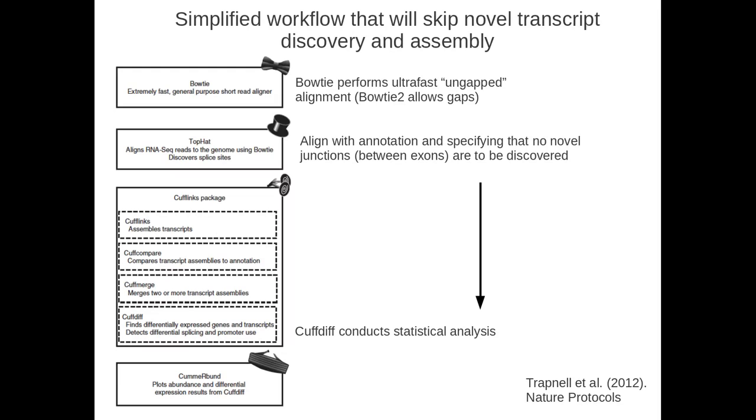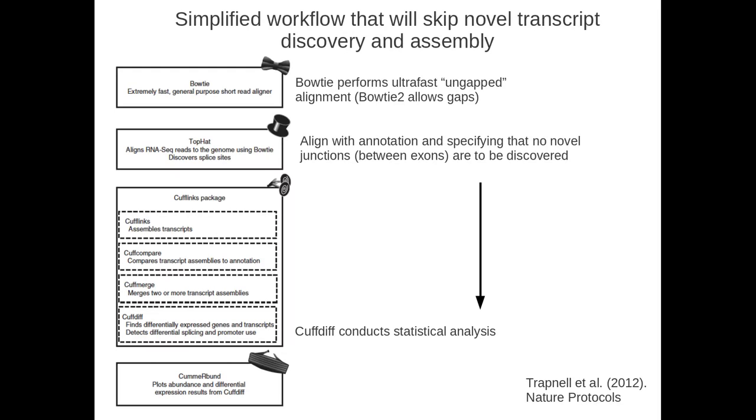In this case, Cuffdiff will simply use the annotations from the GFF3 or the GTF that you provide, and will use those gene models to obtain the estimates of the numbers of transcripts for each of the different transcripts in the genome.